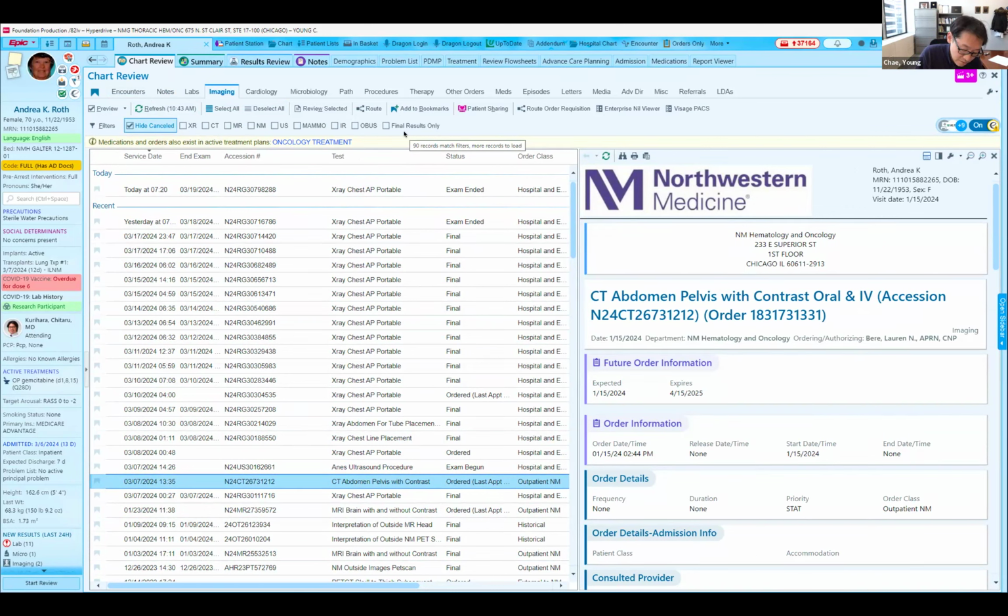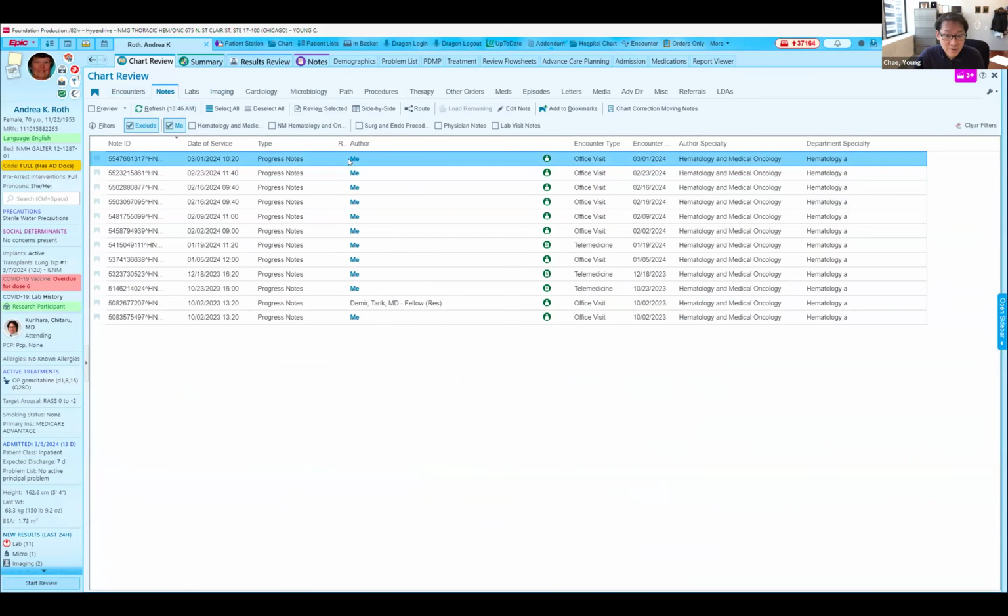I would get CT chest, abdomen, pelvis. Before I start chemo, I need to know if her disease has spread outside her lung. Get all the biomarkers done. And see if her condition is anywhere close to starting chemotherapy.